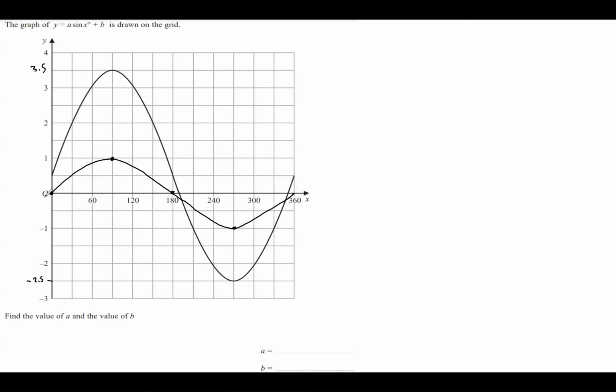So that's going to be 2.5 plus 3.5. That gives us 6. So the halfway point is going to be 3. So we need to draw a line over here. So if we have a look, we are going 2.5 plus another 0.5. That gives us 3. So this is where I'm going to draw a line with a different color.